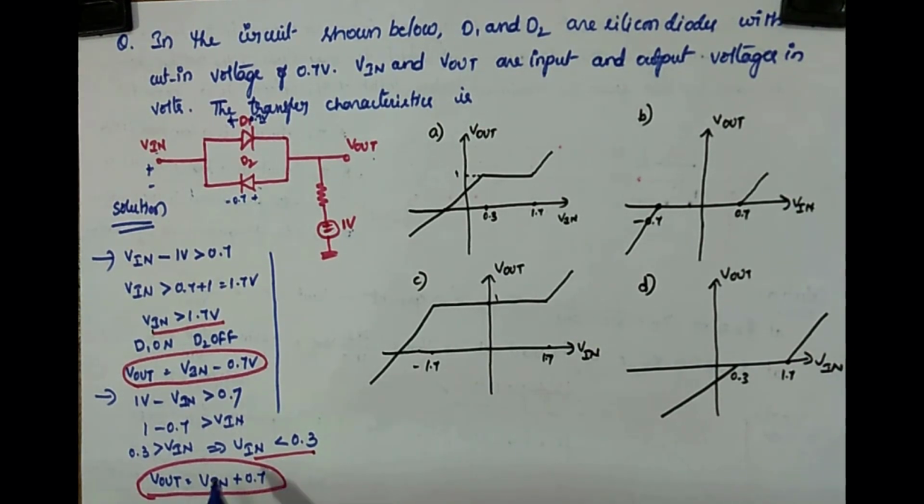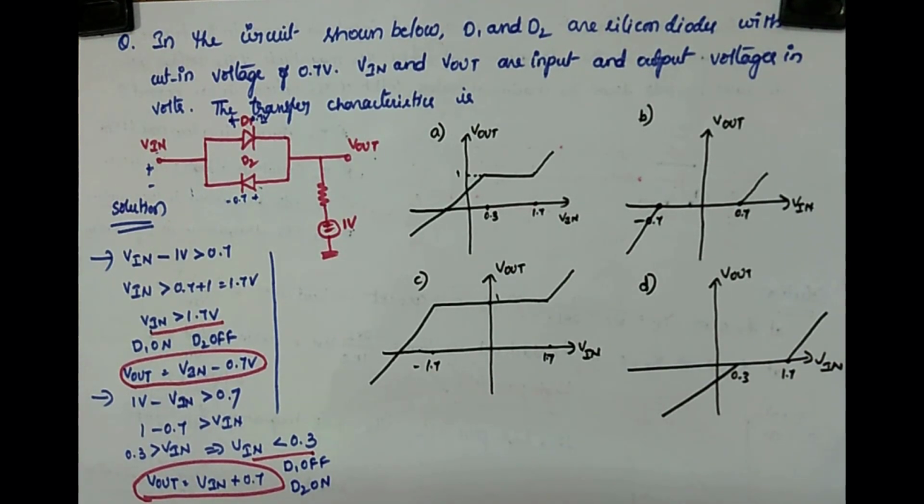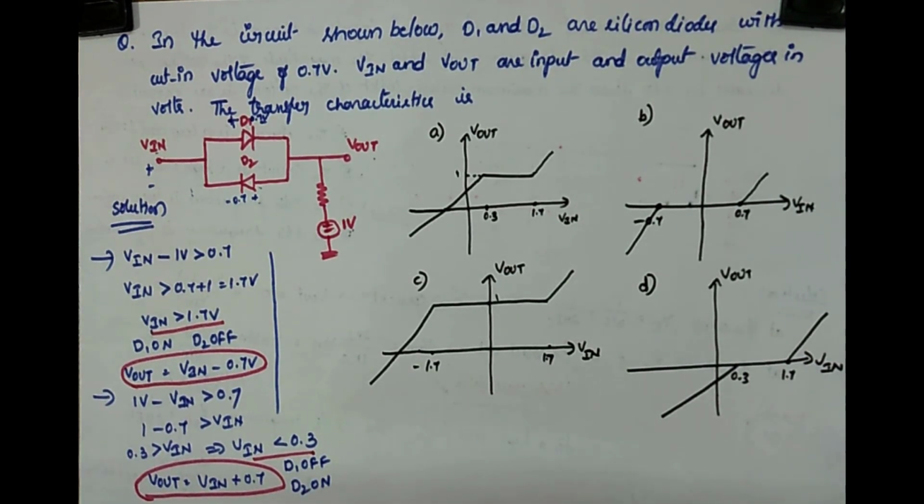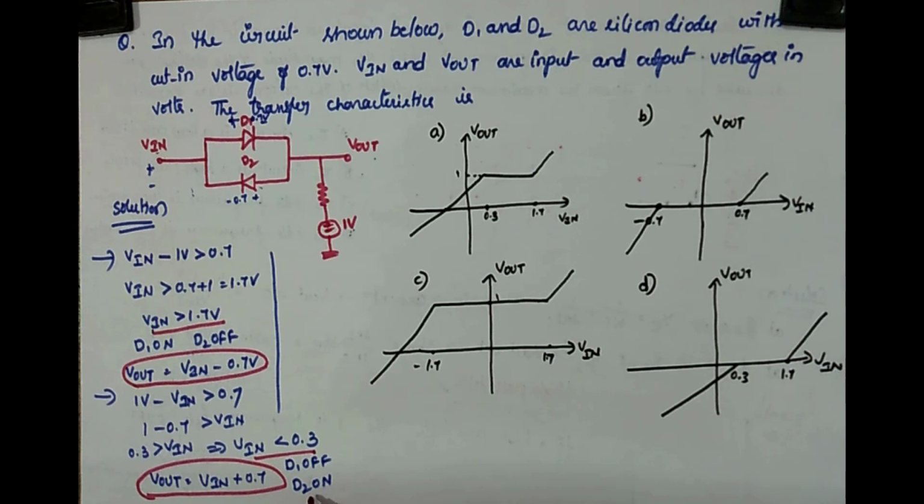Okay, so for this condition, what happens? Vn less than 0.3, D1 off, D2 on. Okay, I forgot to write. So for this value D2 is on, and for this value D1 is on.